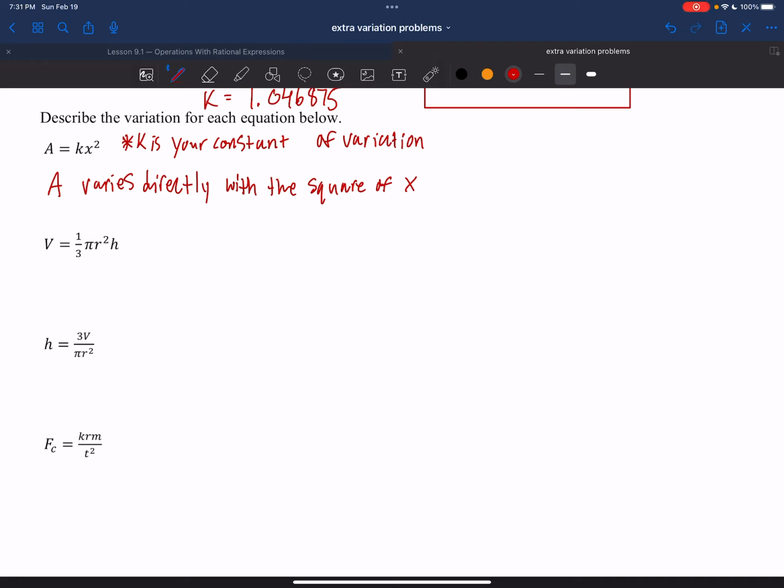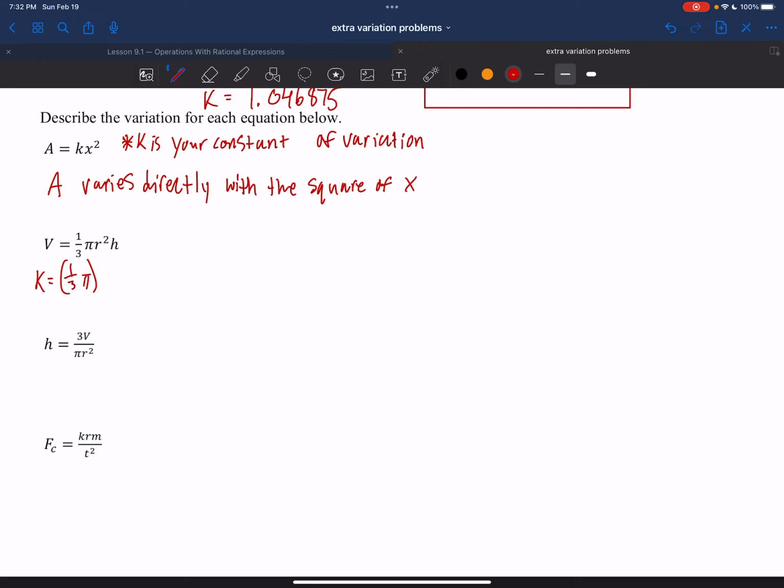If you're looking at the next one, so K, your constant, it's 1/3 pi. If you're kind of looking ahead at this, because pi is a constant, doesn't change, and 1/3 doesn't change. That's just a number. So I know that that's my constant, which means I have two variables varying with respect to volume, r and h.